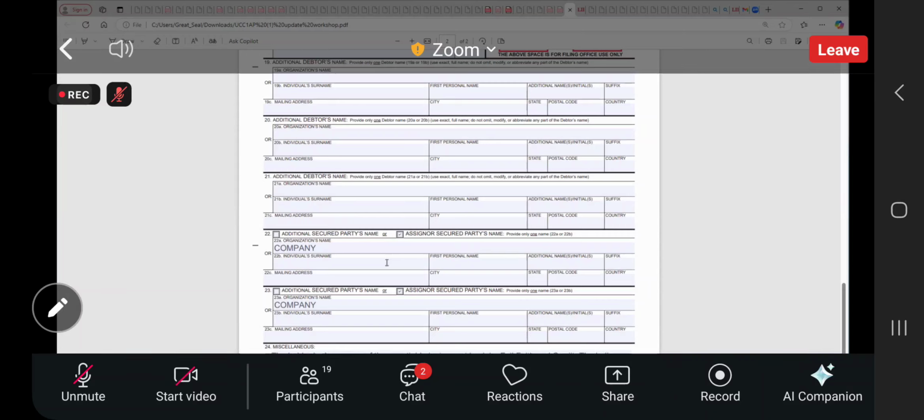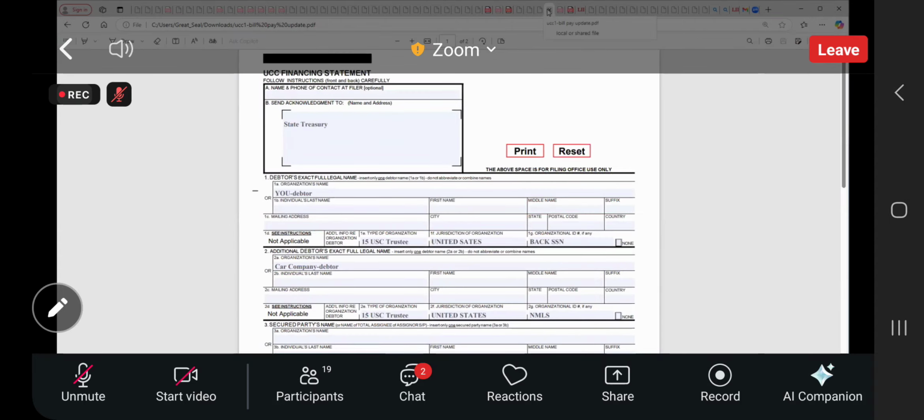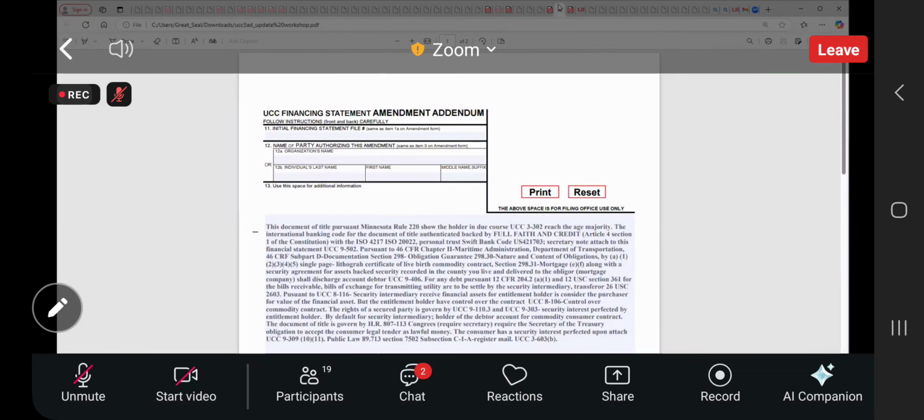If you know how to use it, you could just use this. Some of you will catch it, some of you won't. Okay, this is the most extensive version of the UCC.